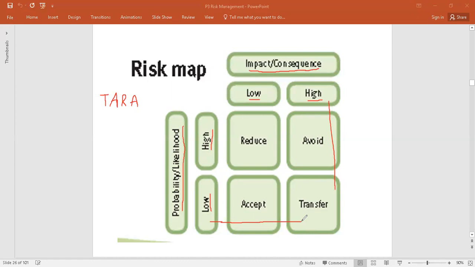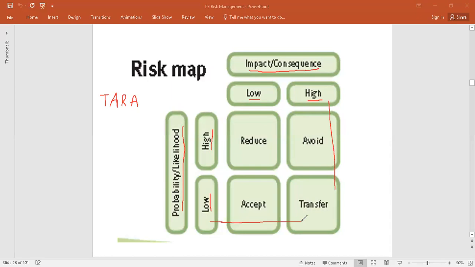What does it mean by transfer? They can cover it with an insurance policy. Because the chance of happening is on the lower side, but when it happens, the impact is high.